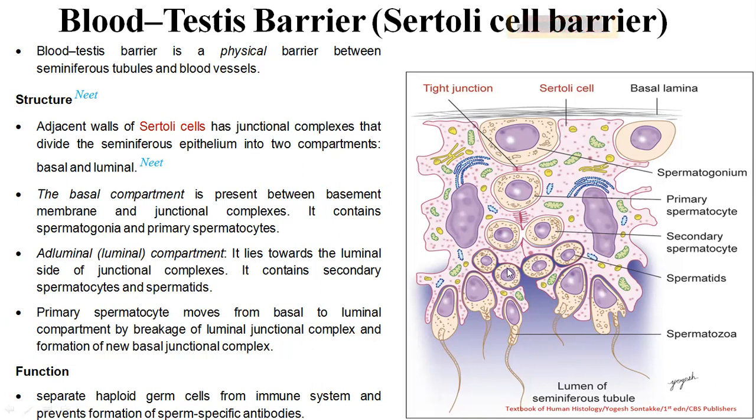The primary spermatocyte moves from the basal to the luminal compartment by breakage of the luminal junctional complex and formation of a new basal junctional complex. The function is to separate haploid germ cells from the immune system and prevent formation of sperm specific antibodies.